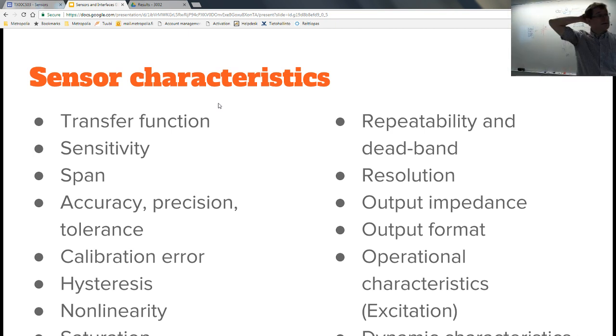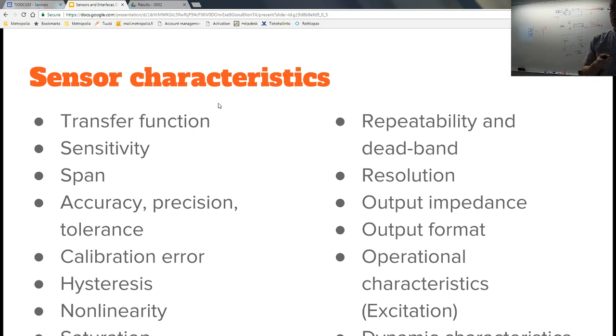Then there are some bits and pieces, but anyways, the most important characteristics that characterize the sensor are, first, the transfer function, which gives the mathematical formula for how to interpret the data. Okay. Sensitivity means how sensitive the device is, how small changes you can practically measure.